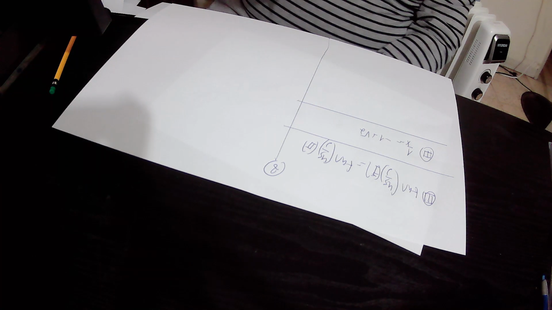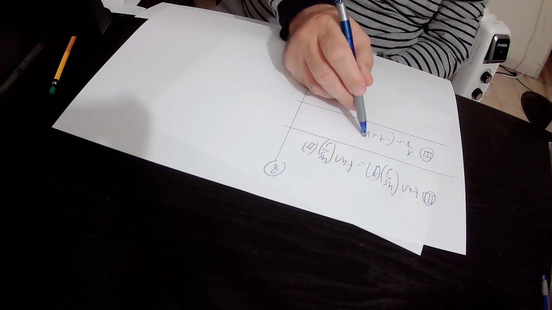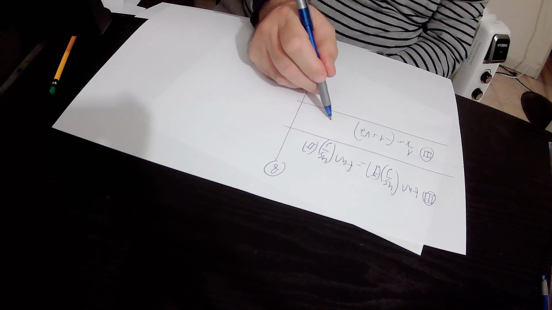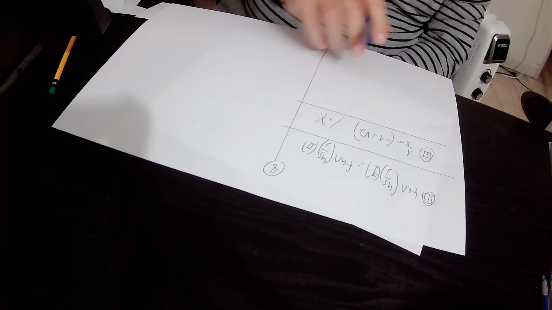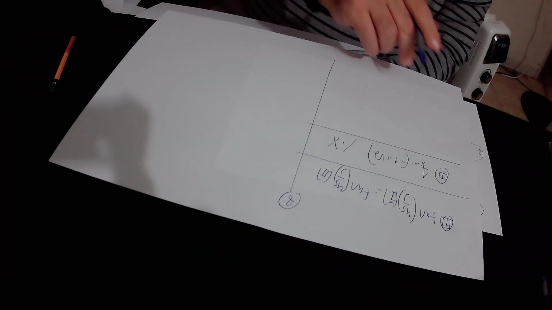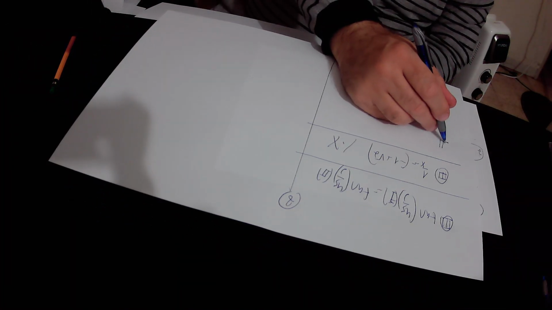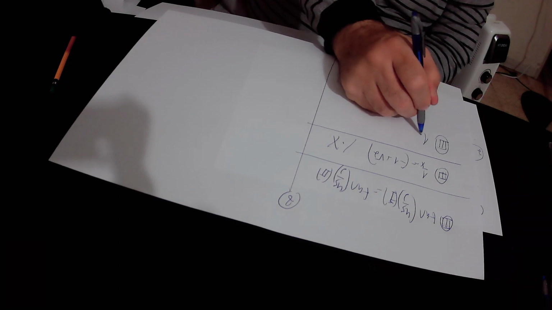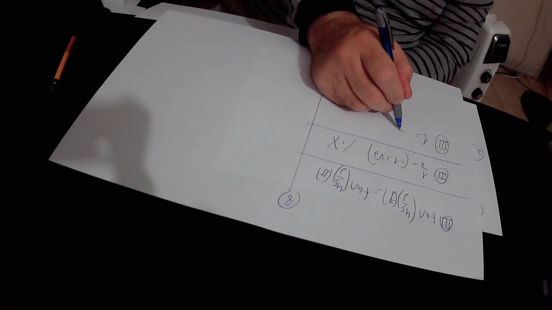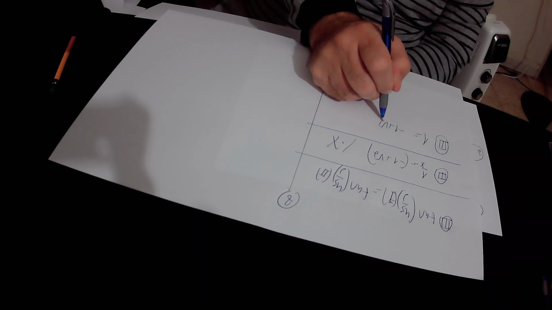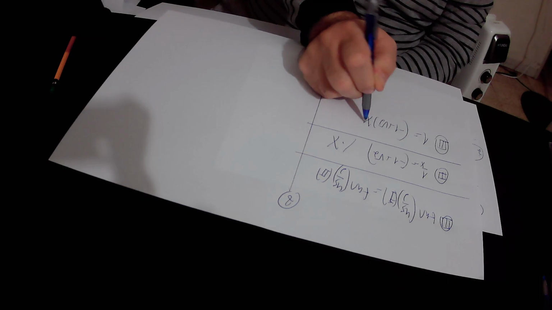So here we'll multiply this equation number 3 by x, and we get that 1 equals minus 1 plus square root of 2 times x.